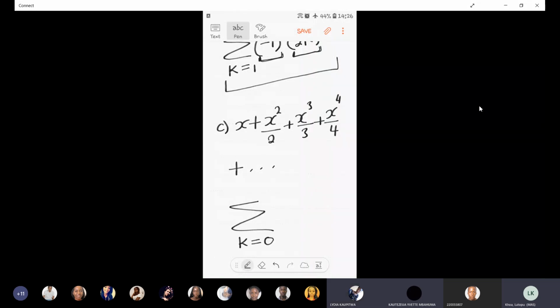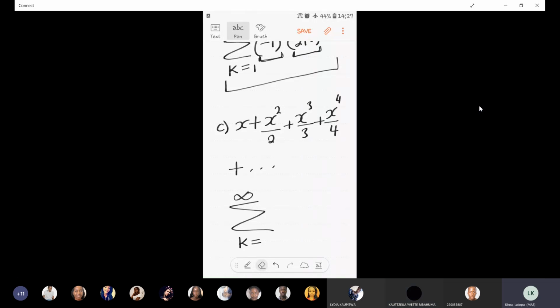It's infinity, right? The end point is infinity. That means you just keep adding. Okay, so the end point is correct, but the starting point is not. So this starting point over here is not correct. Okay, so we can leave it for now. We'll come back to it.